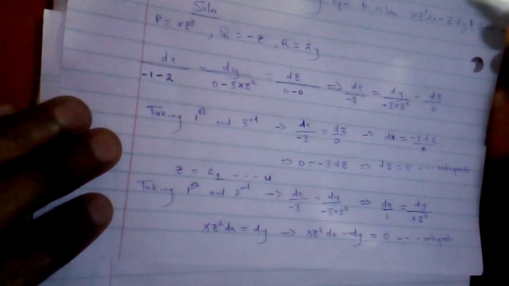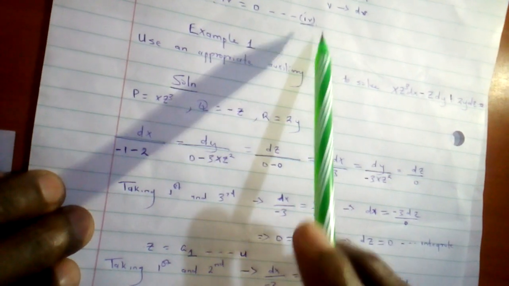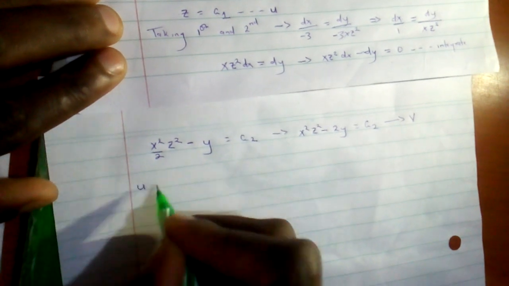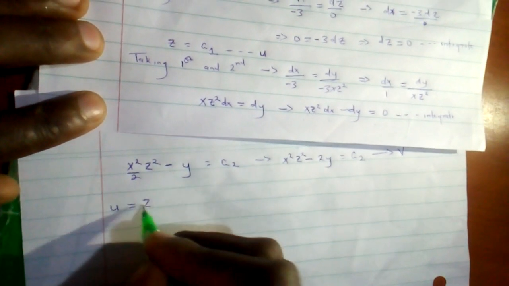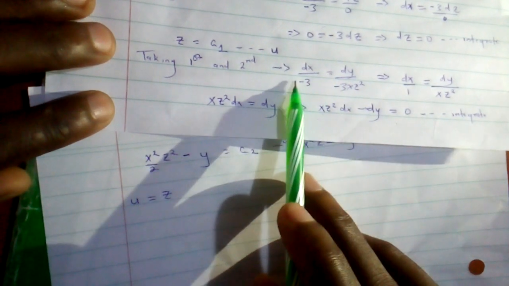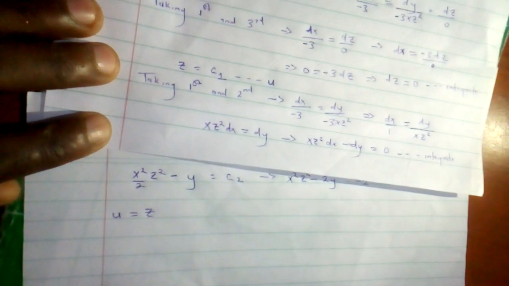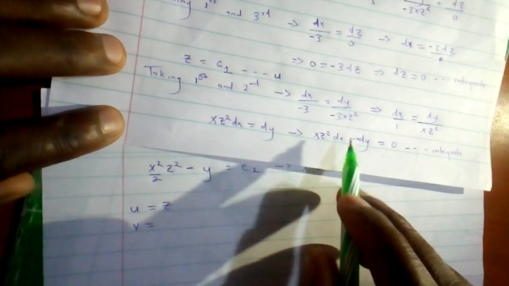And then what we do next, we differentiate our u and v. So our u was z, somewhere we obtain it at this point, and our v was, where did we obtain our v?